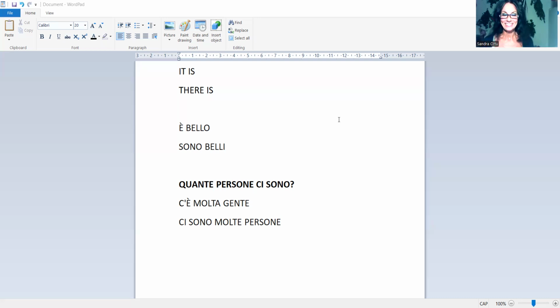Because we don't think of putting something before the verb. This happens normally when somebody doesn't know the language very well, or has not reached a certain level, or is just speaking English but in Italian. So in Italian you can say è bello, è interessante, è tardi, etc. So you just need to say è.